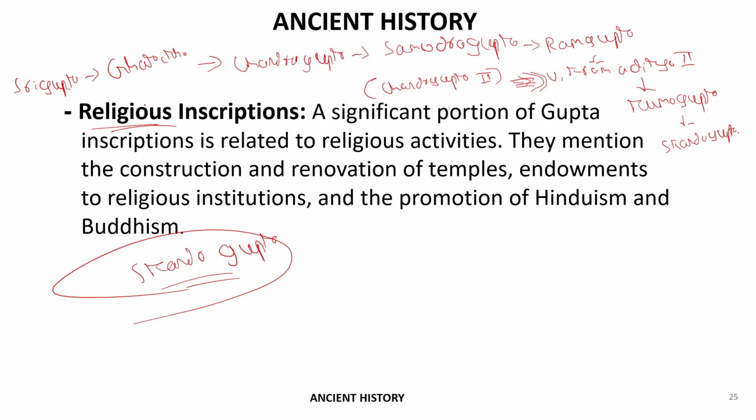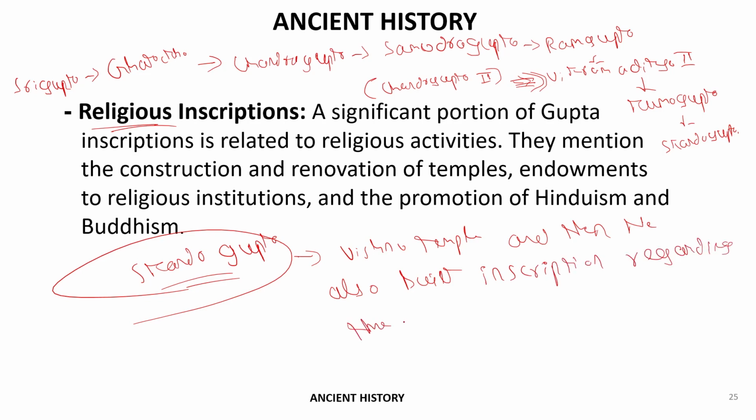Okay, so basically Skandagupta made a donation to the Vishnu temple, okay, and then he also built an inscription regarding the donation without mentioning terms and conditions.